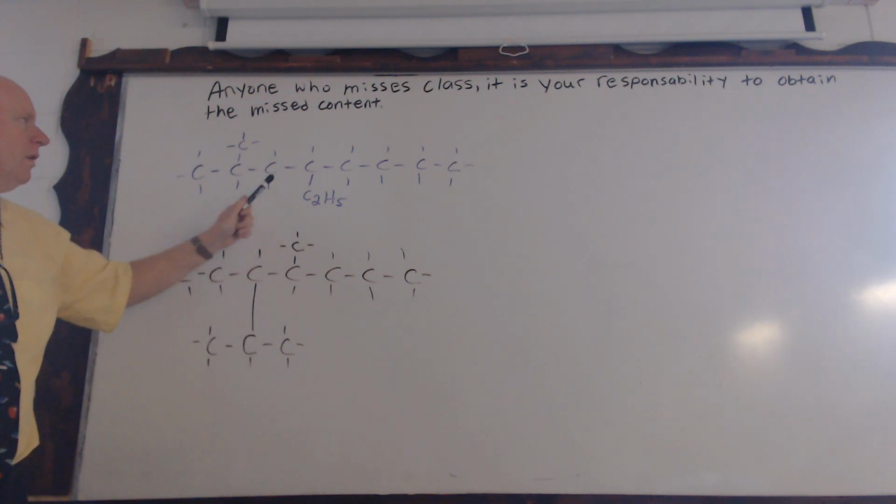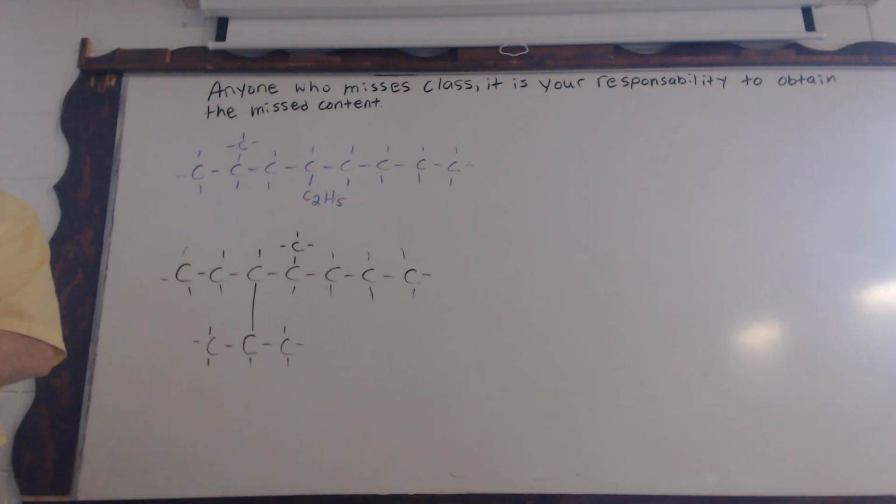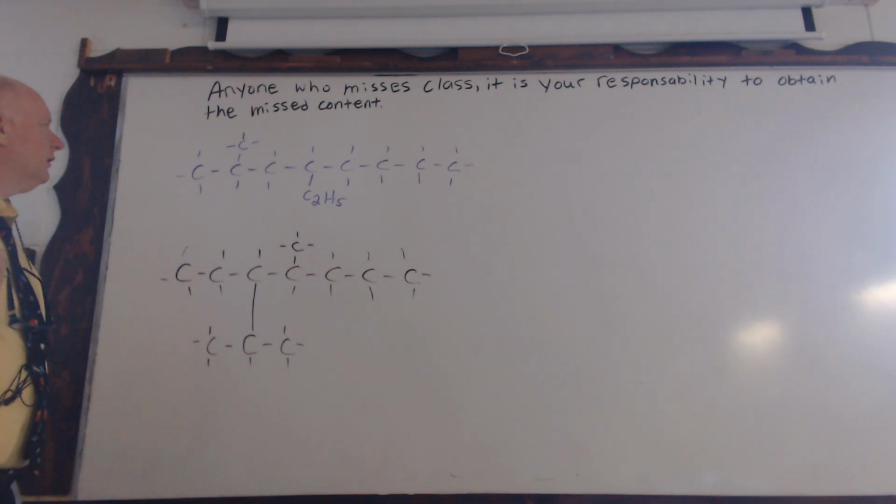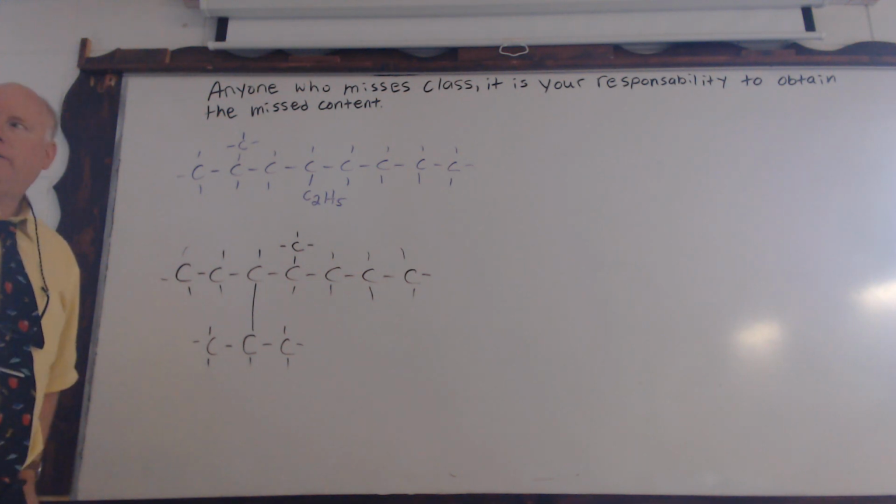So one of the things that we deal with, we already know, is to name your longest parent chain. Then is anything off of that? So our longest parent chain is how many carbons? And then what's branching off of that?